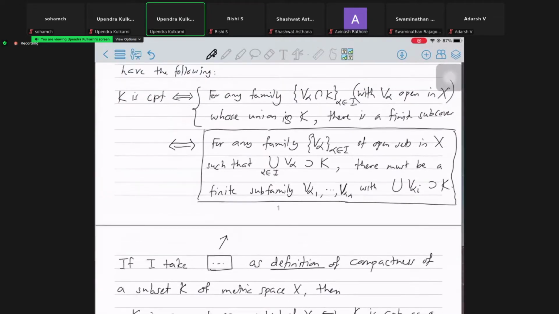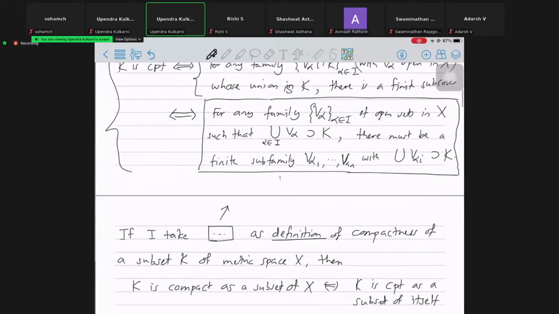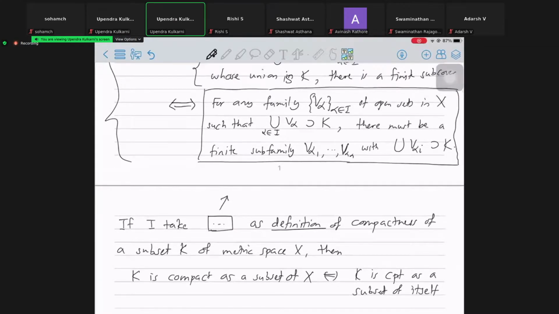This is what that little reasoning over here, the reasoning that I wrote over here, is justifying: this fact that I wrote at the end.